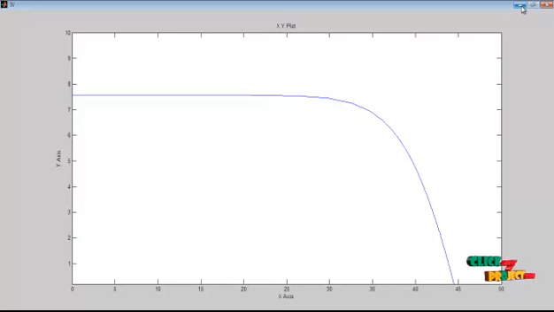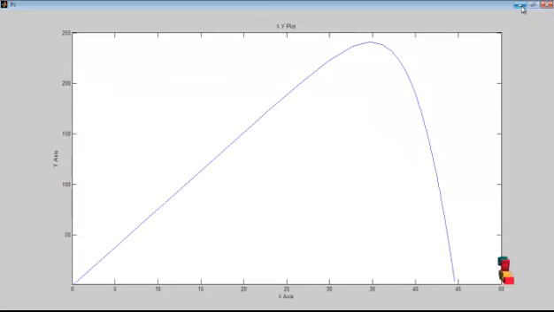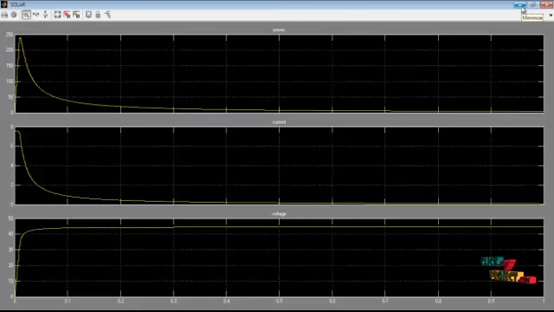The y-axis is power and the x-axis is voltage. And the next one is the separate waveform, plotted for voltage, current and power. The x-axis is time in seconds. First one is the power, second one is the current, and third one is the voltage.